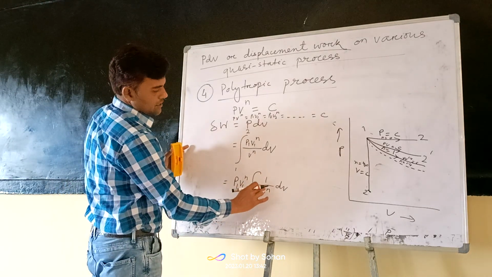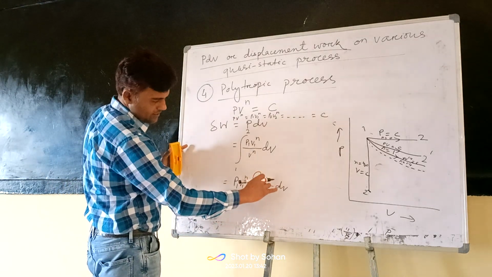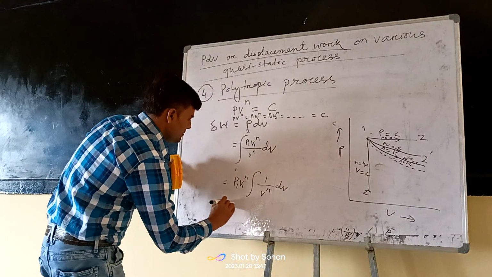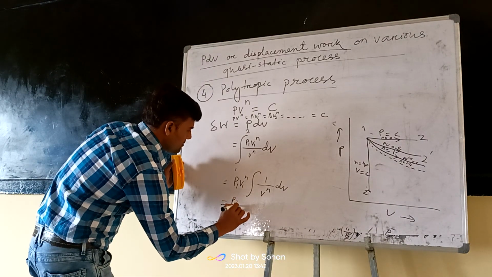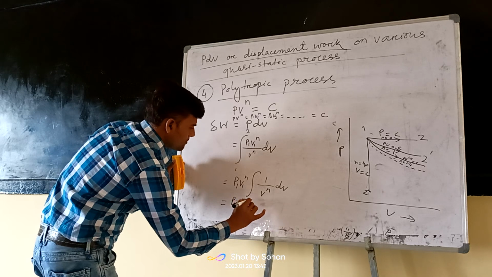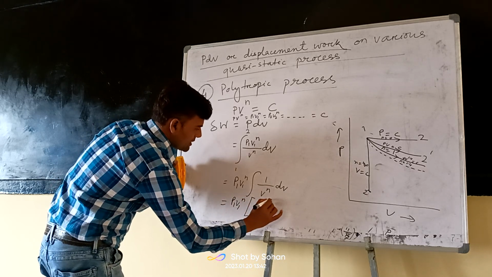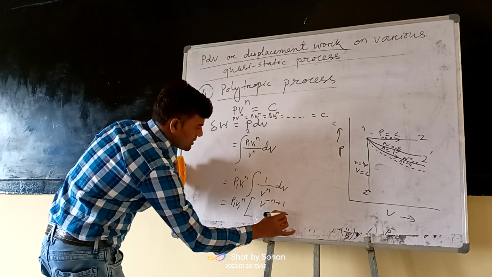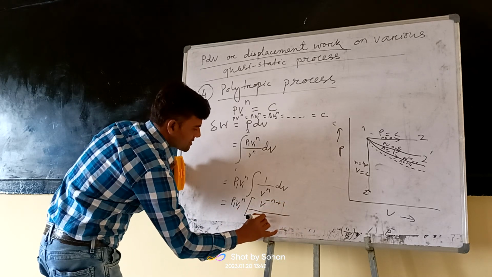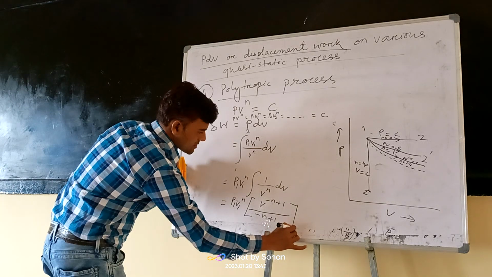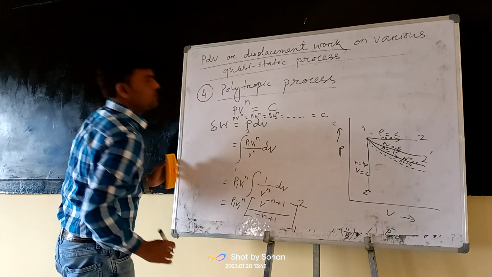1 by V to the power n is equal to V to the power minus n, and P1 V1 to the power n times V to the power minus n plus 1 divided by minus n plus 1, with limits 1 to 2.